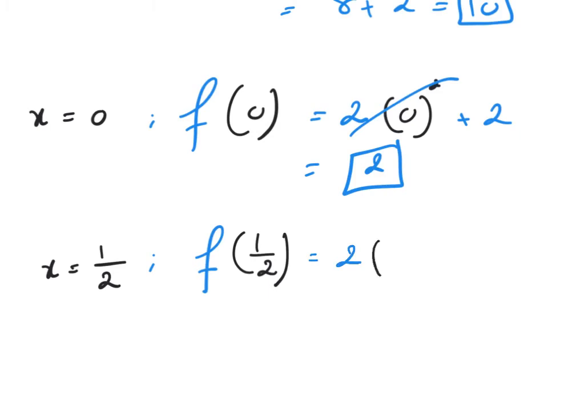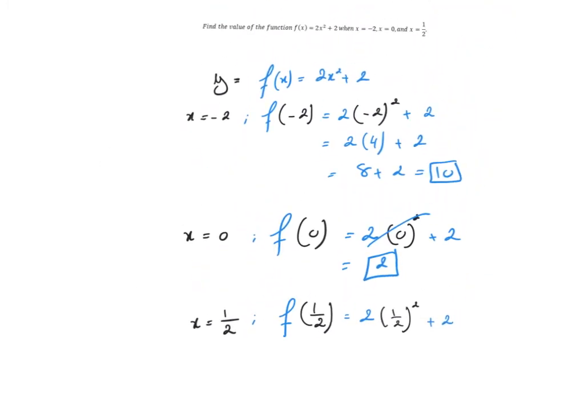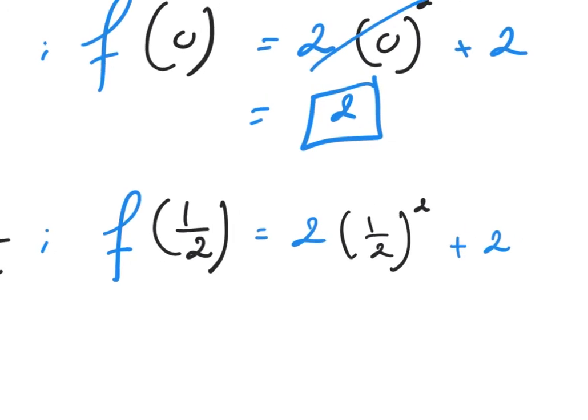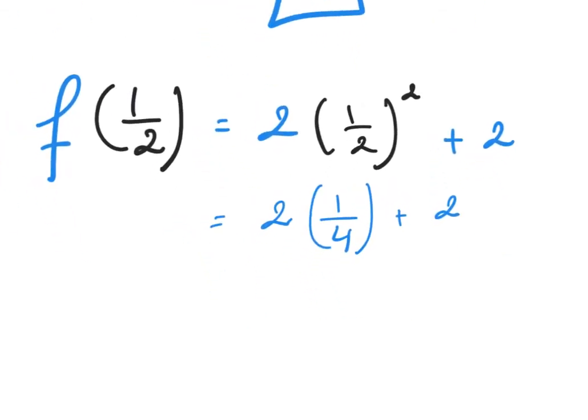So 2 times 1 over 2 squared, plus 2. That's what we have here, I believe. So it's going to be 2, and 1 over 2 squared, that's going to be 1 over 4. It's going to be 1 over 4 plus 2, right?